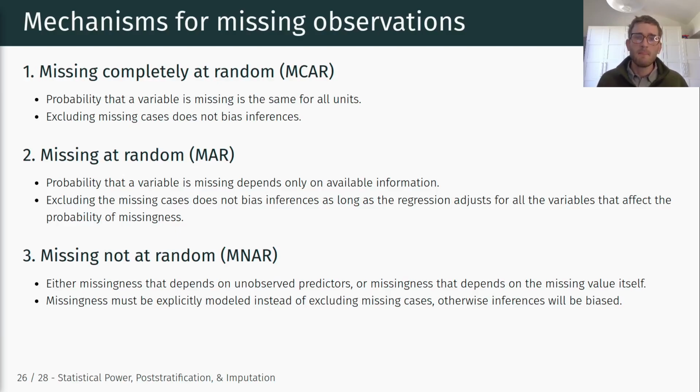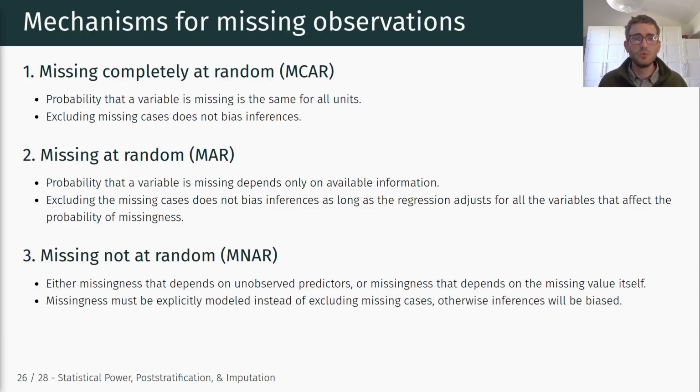Then the missingness itself is dependent on the value, and we need to take additional steps to model the censoring mechanism as well. There are techniques to do that, but if we have missingness that is not at random, things become more complicated, right? They become more complicated, as I mentioned, because missingness must then be explicitly modeled.